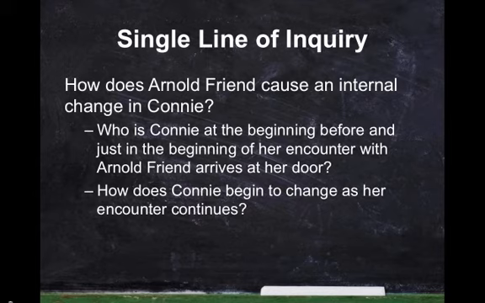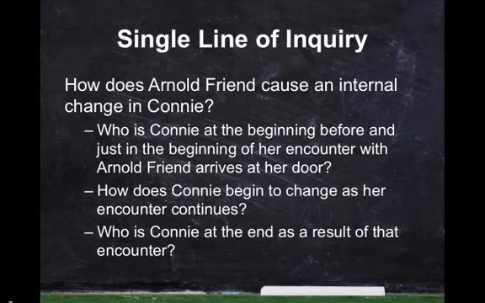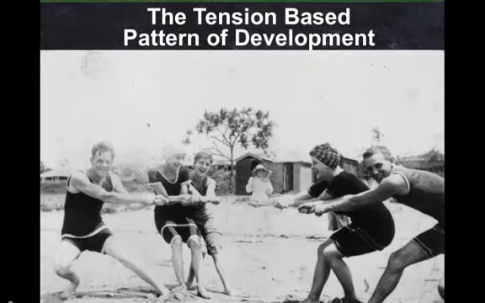Then how does Connie begin to change, and what is that significant moment of catalyst for change as she begins to develop into this new person? And who is she at the end as a result of that encounter? What has this catalyst for change resulted in at the end? So you're following the character change of Connie from beginning, middle to end.